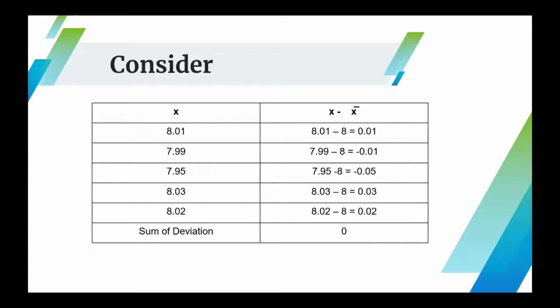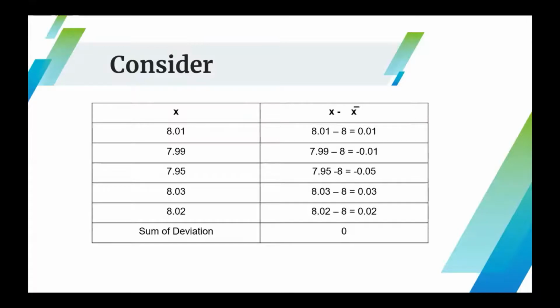The standard deviation of a set of numerical data makes use of the amount by which each individual data value deviates from the mean. These deviations, represented by x minus x bar, are positive when the data value x is greater than the mean x bar and are negative when x is less than the mean x bar. The sum of all deviations, x minus x bar, is 0 for all sets of data.